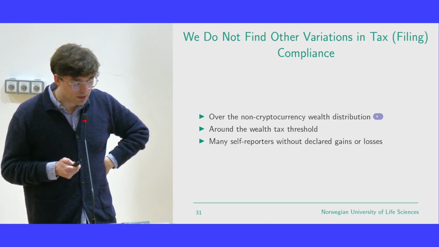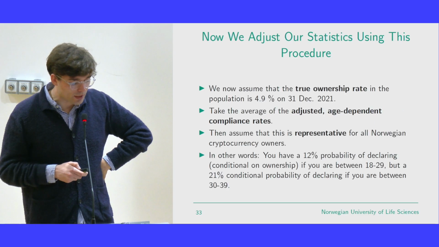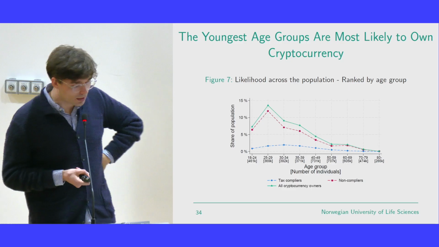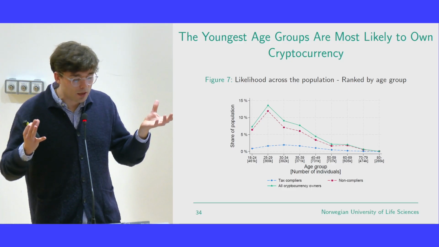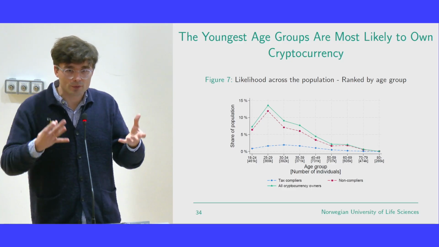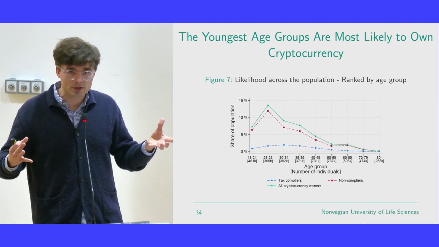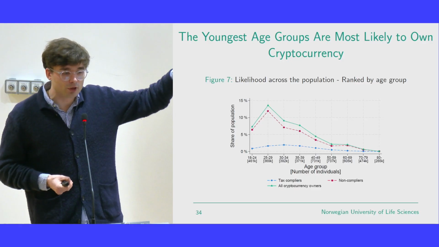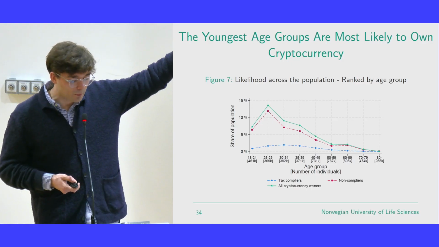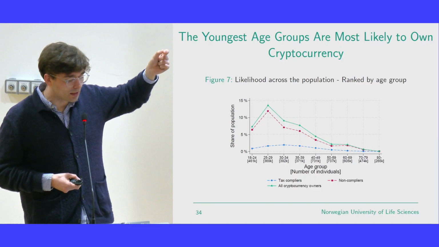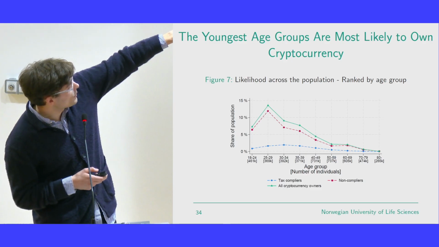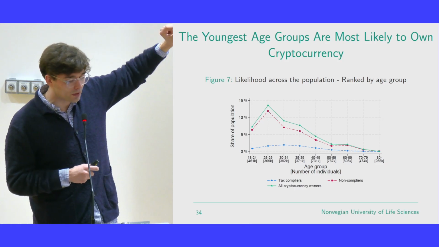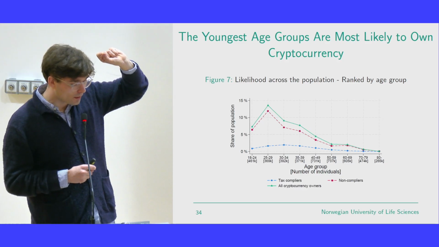We use these insights to create some figures that I'm going to show you here at the end. First we try to see how the likelihood of owning cryptocurrency changes across population groups when we use these compliance rates that we have adjusted for the age heterogeneity. What we see is that it's not really the age group between 30 and 39 that is the main group in likelihood.